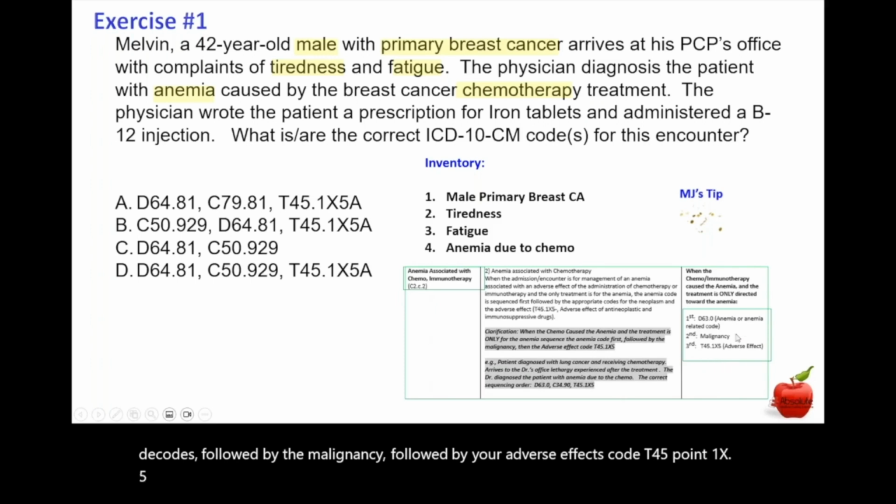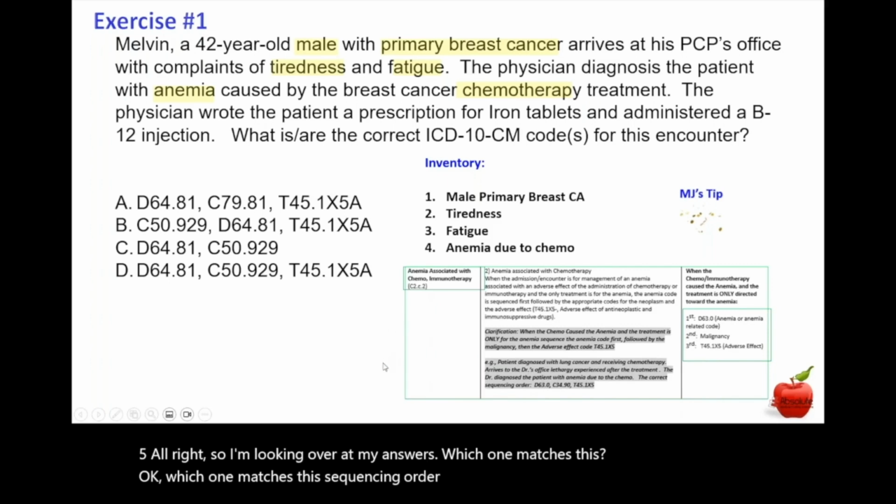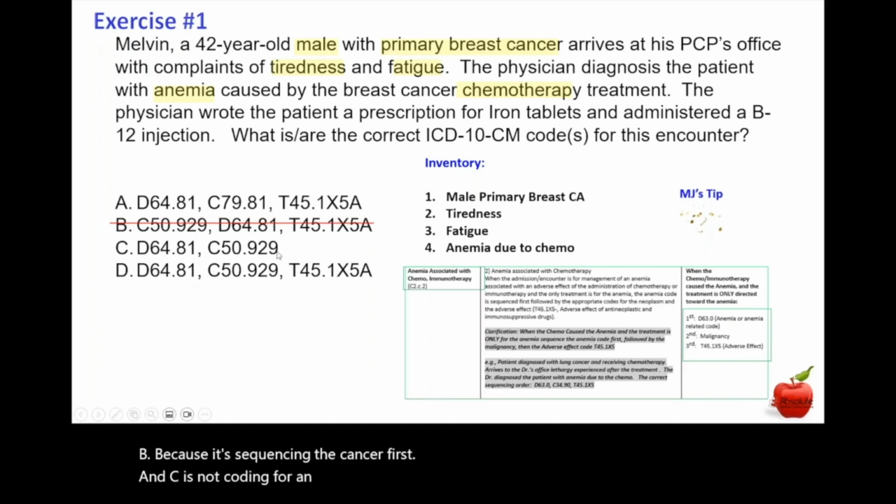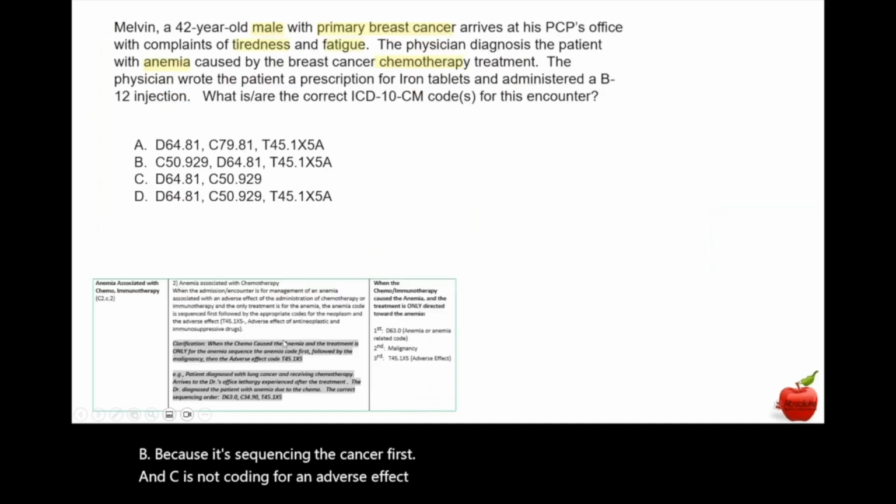Which one matches this sequencing order? I can tell you off the bat what doesn't match. B, because it's sequencing the cancer first. And C is not coding for an adverse effect code, so we can get rid of that too.